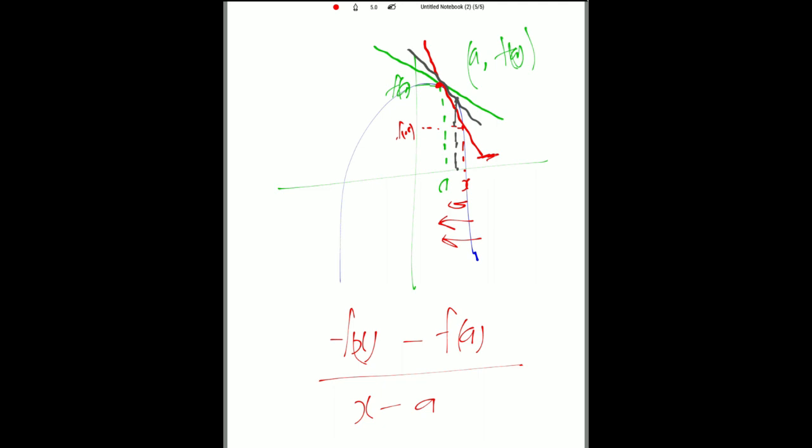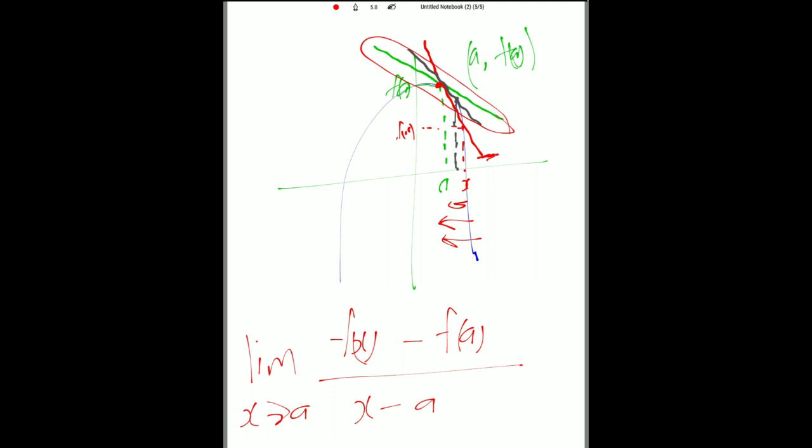We are finding the limit of this as x approaches a. And what exactly does that give us? That is going to give us the very line that we started out with. This is going to give us the gradient of this very line that we started out with, the green line.